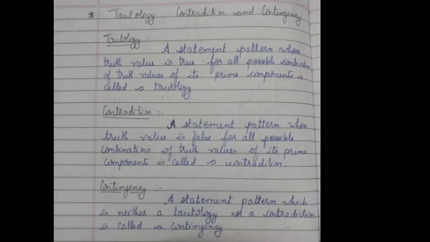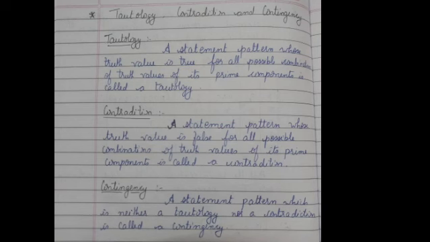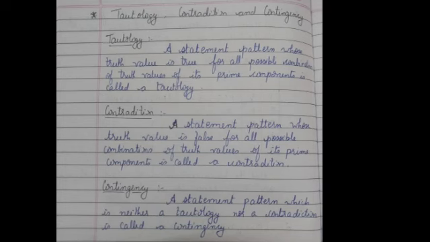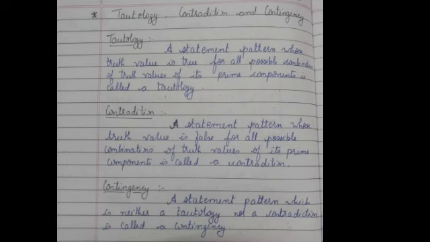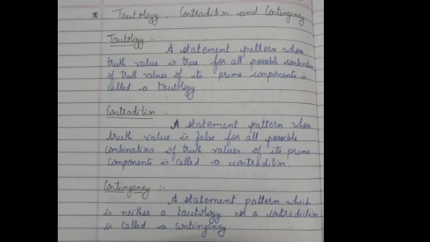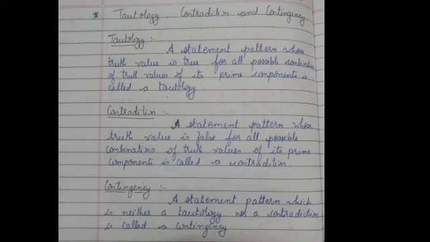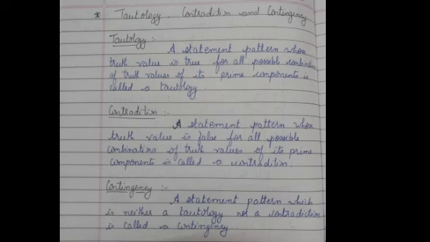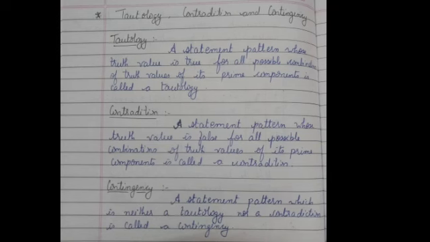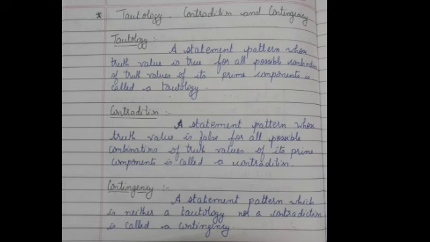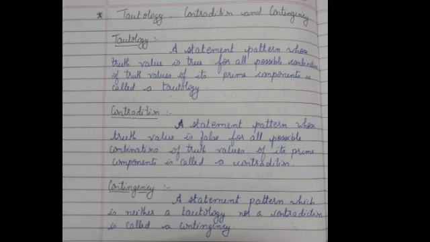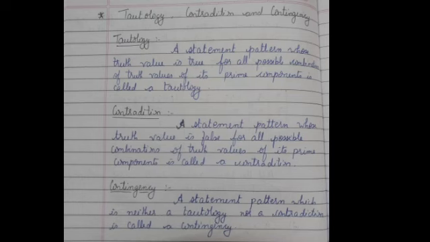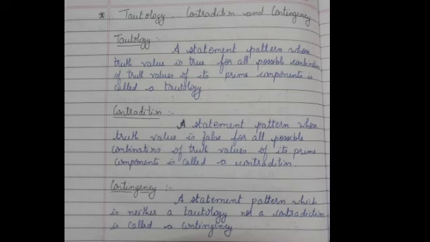In short, tautology means we'll create one truth table, and if the last entries will be TTT, then we'll write it is a tautology. Next one, contradiction. If the last entries will be FFF, we'll write it is a contradiction. Contingency means same, we'll draw a truth table. If it is neither tautology nor contradiction, then we'll say it is contingency.